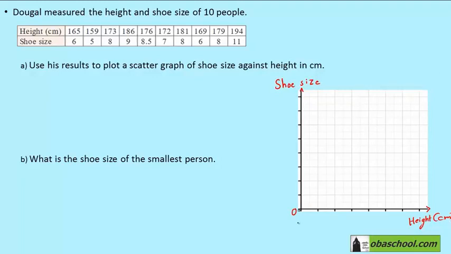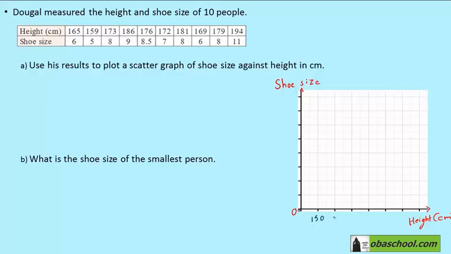Now when it comes to the units, the height varies from 150s to 190s. So I suggest that you start with each box jumping 10 centimeters up. Here is the origin. After the origin, you might want to start with 150 centimeters, and every other box you go in, you increase by 10 centimeters.